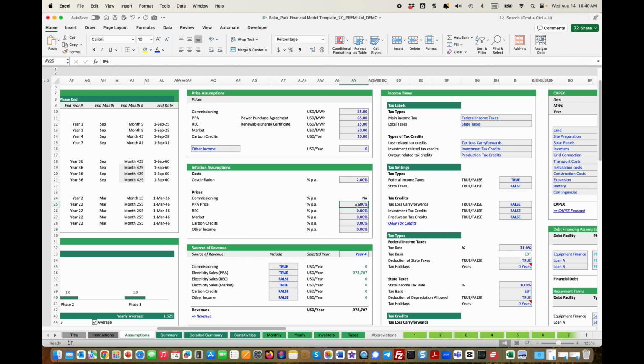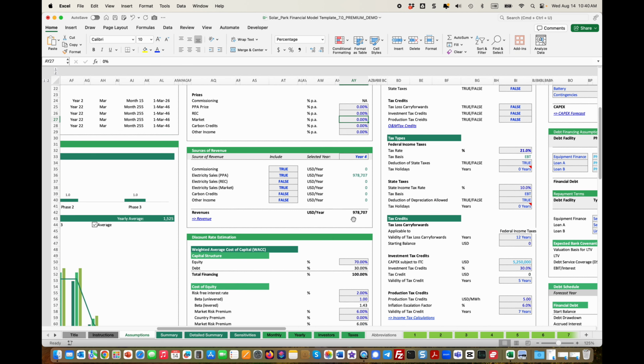And the question is, what about the prices? Are they also going to be adjusted for inflation or not? And here, every project is different, and it also depends which market you look at. And the option here is to either add inflation or exclude inflation.